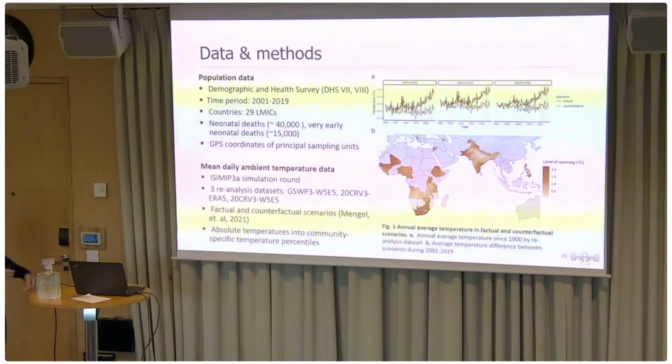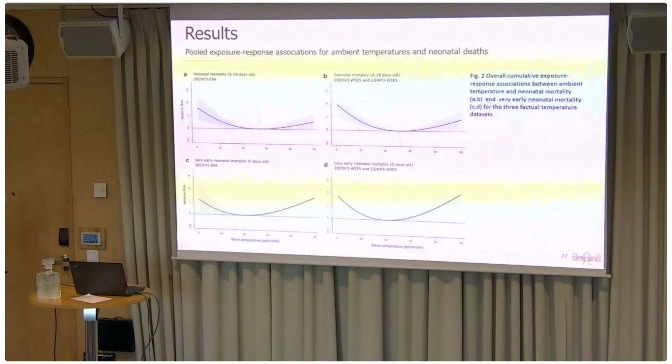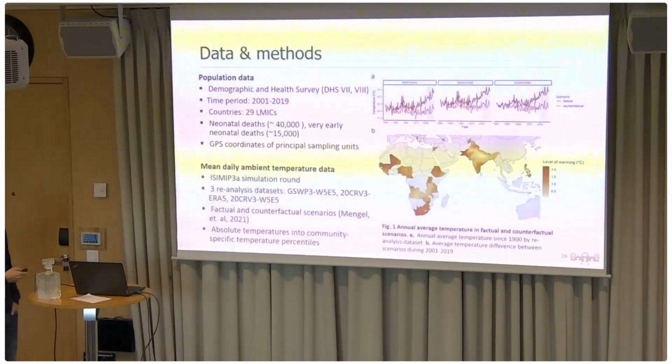So we have a factual scenario with climate change and a counterfactual scenario with no climate change. And for both of these, it was possible to reconstruct daily temperatures into community-specific temperature percentiles.